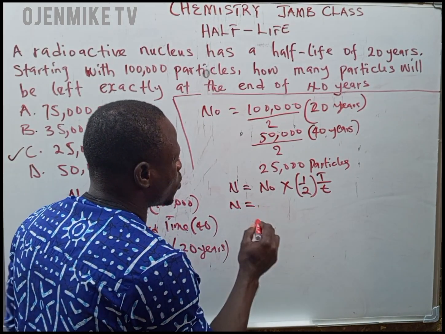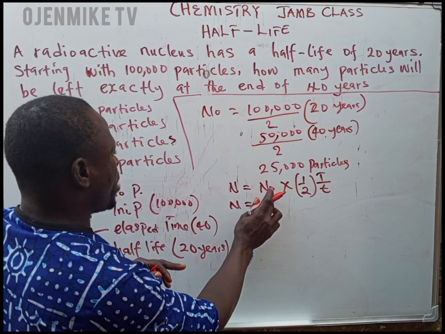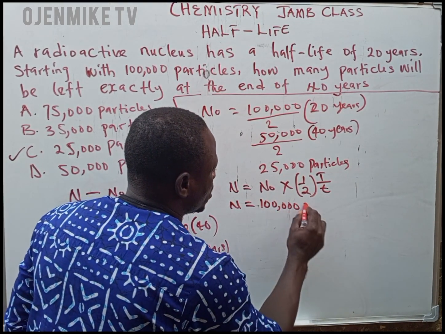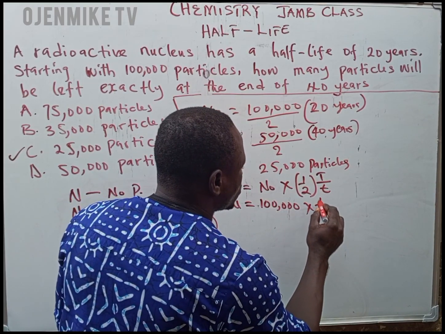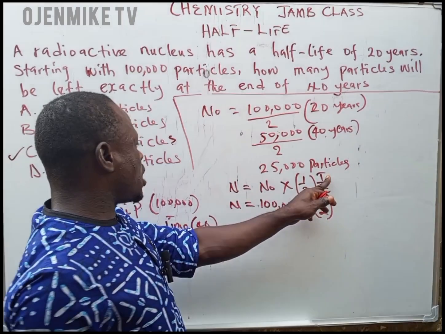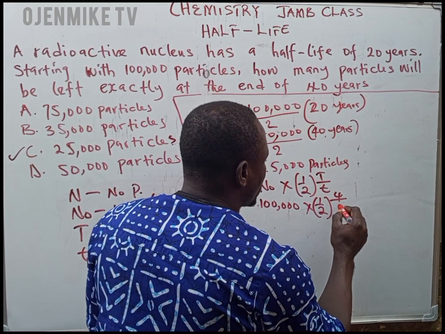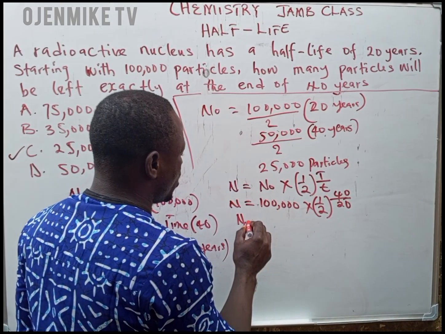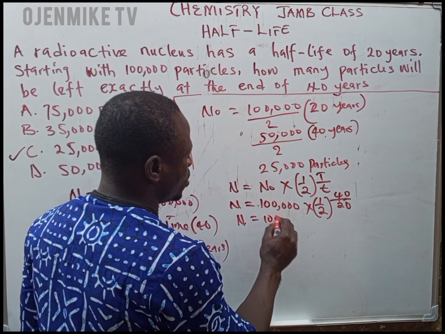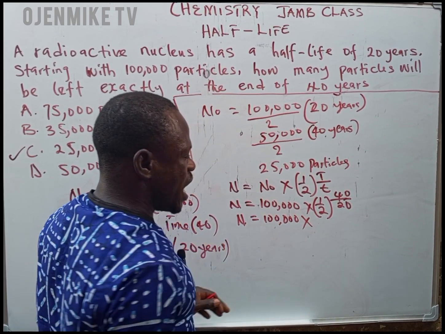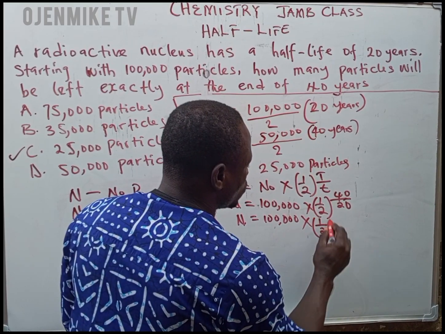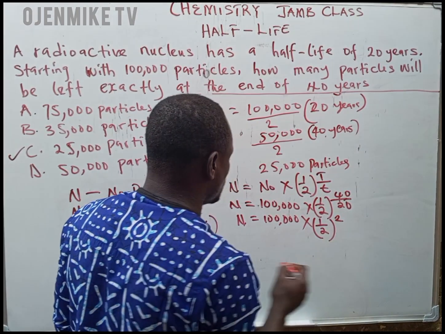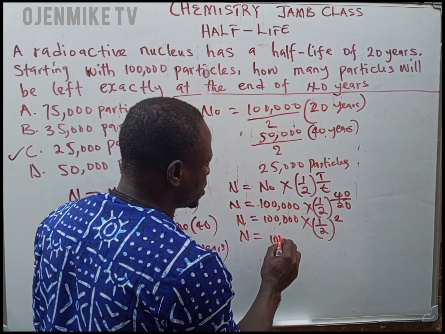So N equals 100,000 times 1 over 2 raised to the power of 40 divided by 20, which is 2.